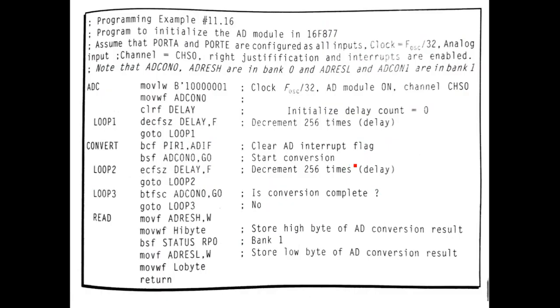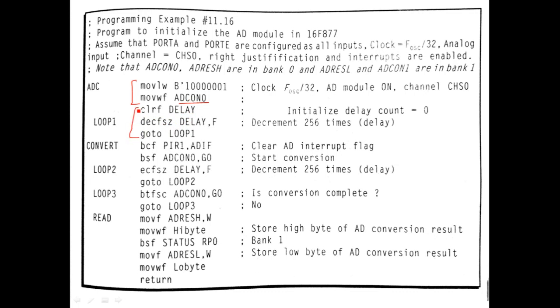You can see the corresponding program also. So here you are putting the proper bit pattern in the ADCON 0 register. There is some delay here.